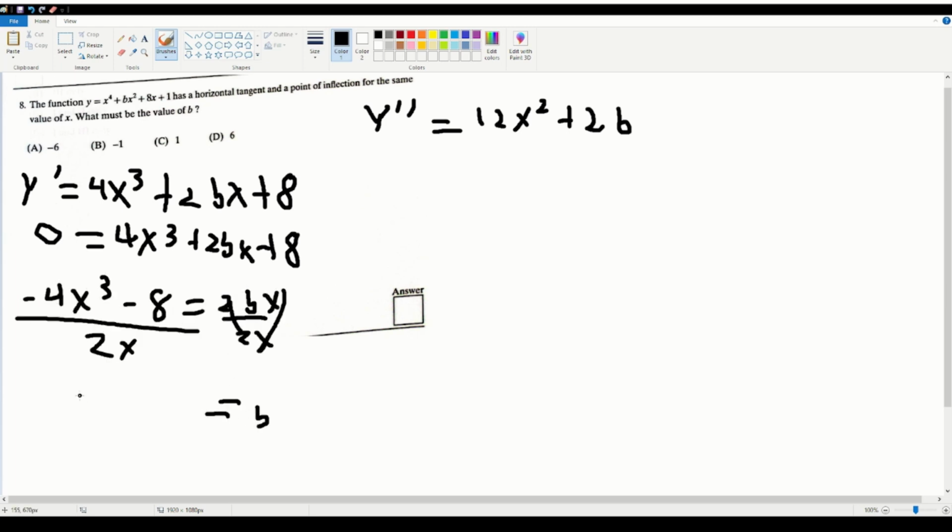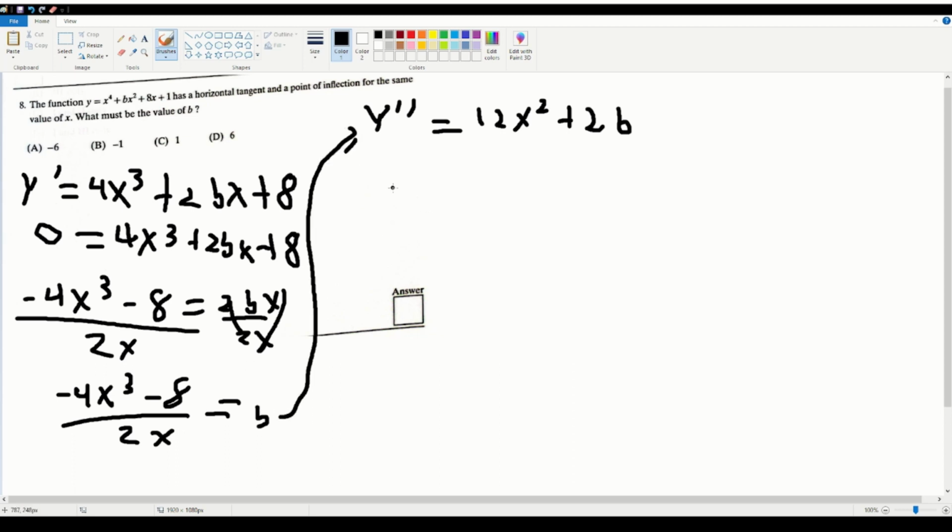Your b is negative 4x cubed minus 8 over 2x. So now you can just substitute this into y double prime. Remember, a point of inflection is where the second derivative is equal to 0.